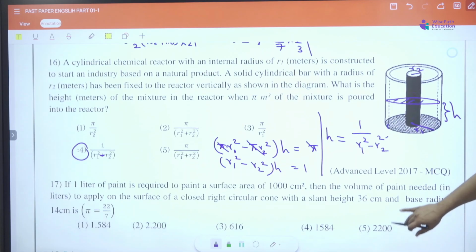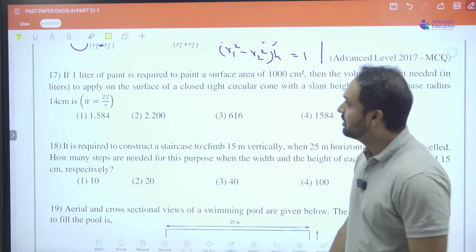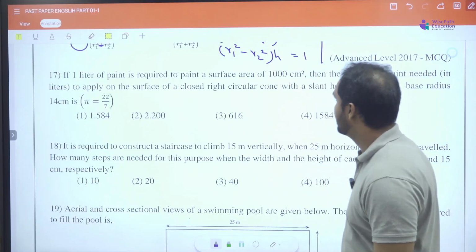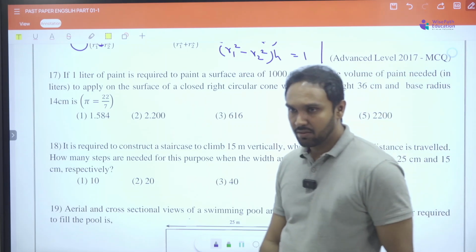Right, come to the next question. If 1 liter of paint is required to paint the surface area of 1000 square centimeters, then the volume of paint needed in liters to apply on the surface of a closed right circular cone with a slant height 36 centimeters and base radius 14 centimeters is. So what does the question say now?